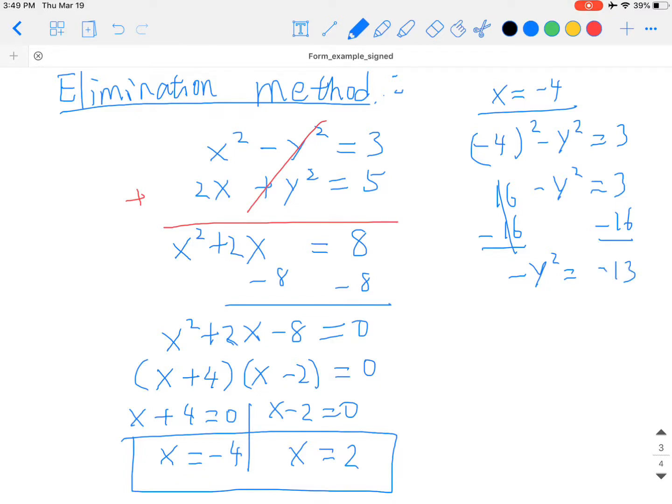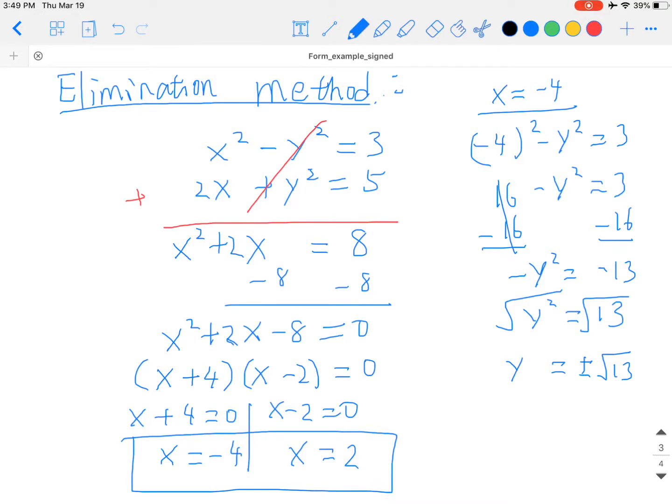We want to divide by negative 1 both sides, so we want a positive y squared equal to 13. And we want to solve this. We have to square root both sides, and the square root cancels out the square. And remember, according to the square root property, we have a positive and negative square root of 13.